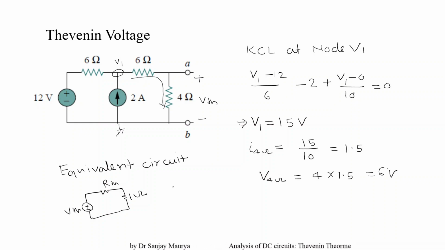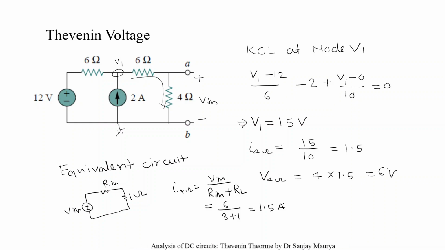So the current in 1 ohm will be VTH over RTH plus R. So we have calculated the value of current is equal to 1.5 ampere.